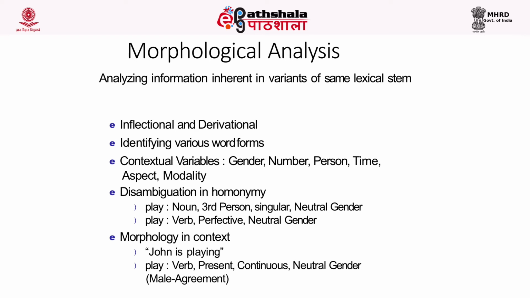So the word play in English is ambiguous: one analysis is noun, third person, singular, neutral, and the second analysis is verb, perfective, neuter gender. Therefore, morphology has to be predicted in context. In John is playing, play is to be analyzed as a verb.